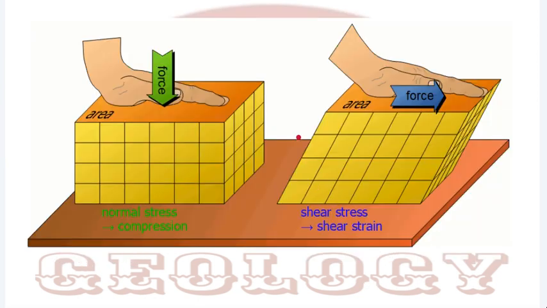You can see here, where stress is applied perpendicularly to the surface, it is normal stress. Or if it is applied parallel to the layer like this, it is shear stress.